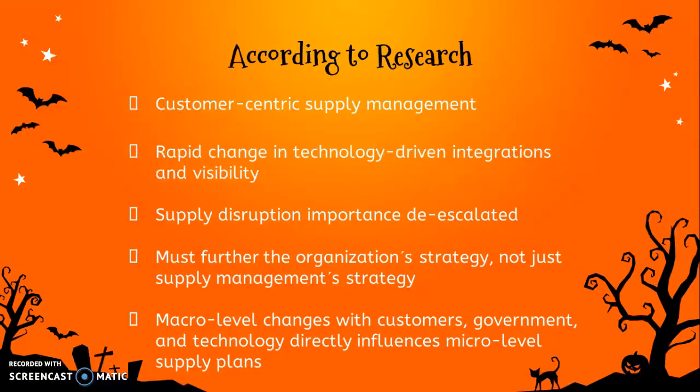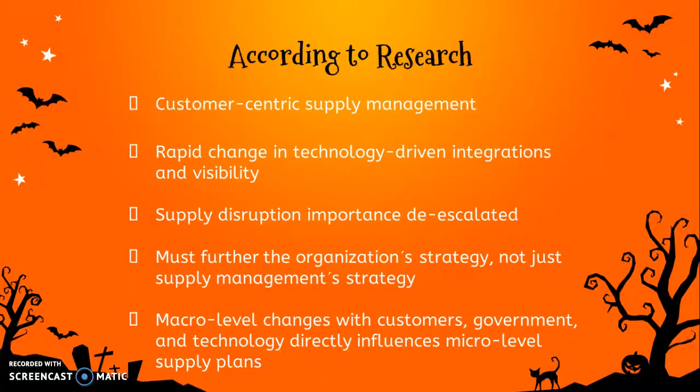According to research, customer-centric supply chain management: first you detect the needs and wants of the customer, and then you try to create the best supply chain to develop the product or service they actually want. Rapid change in technology-driven integrations and visibility. Technology affects every single industry in the world.